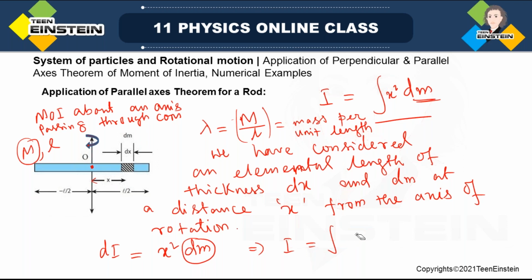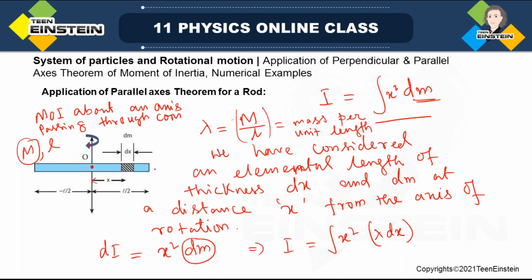So this will be x square, and what is dm? I can calculate it: mass per unit length, lambda, into dx. Dx is the length, and I have to calculate the mass for dx length. I know mass per unit length is lambda, so lambda is capital M by L, right? Now I have to calculate the moment of inertia.